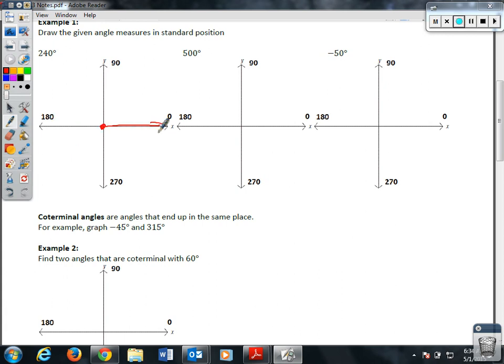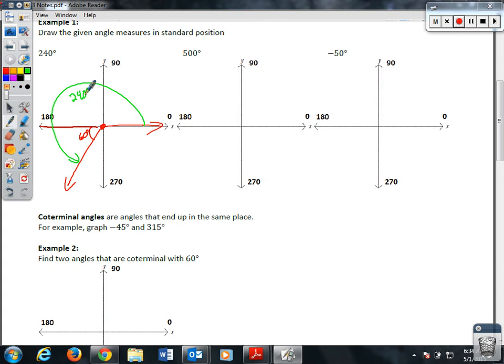If we take 240 and subtract 180, we get 60. So it's going to be 60 degrees down from this side here. It's 60 more than 180, which is 240. So this angle going from here all the way around to here is a 240-degree angle.